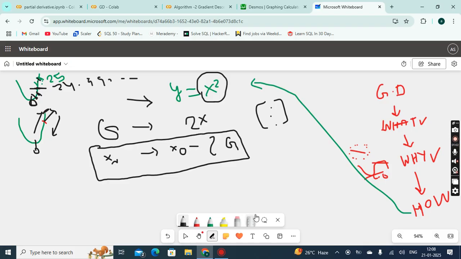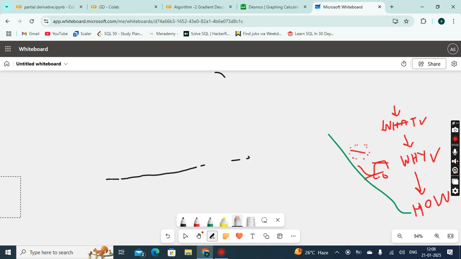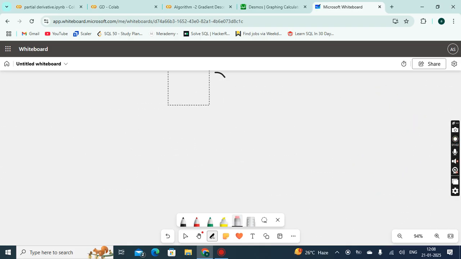Now let's take this same formula with the example y equals x square. When I write y equals x square, the first derivative will give me 2x. Now just take a random value. Let's say we have taken 13 here, like x is 13.